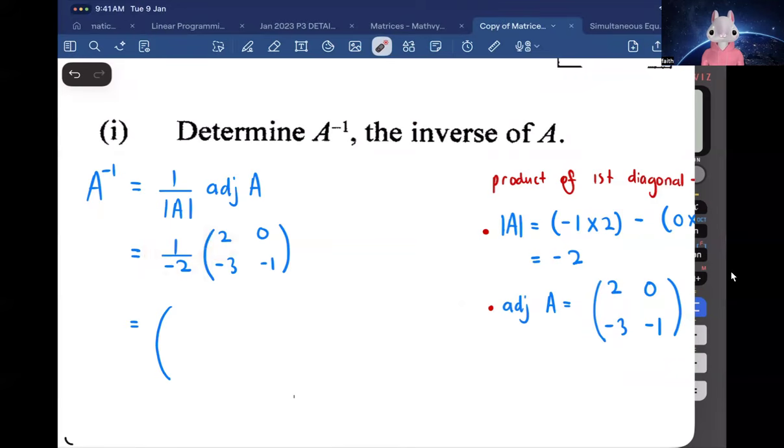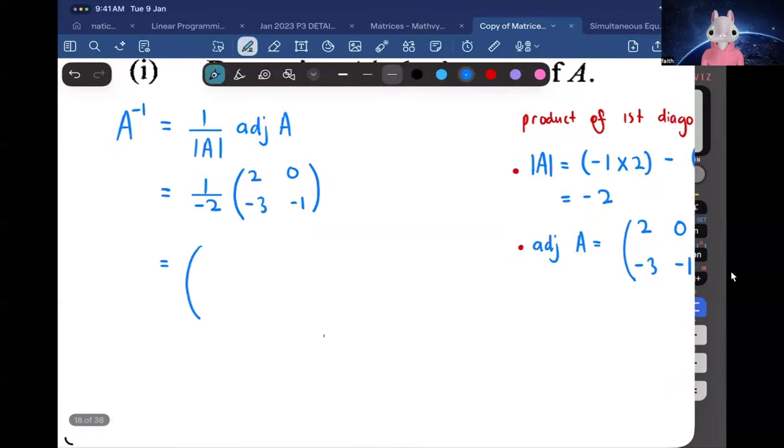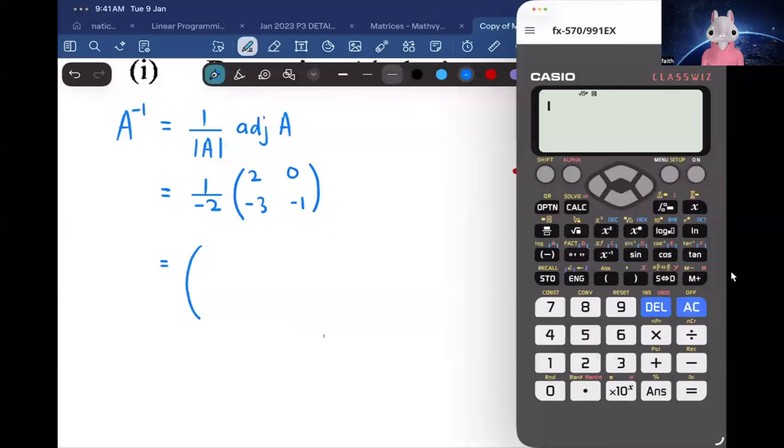You just press the fraction button, 1, arrow down for minus 2, come out, multiply by 2, and you're supposed to get minus 1.